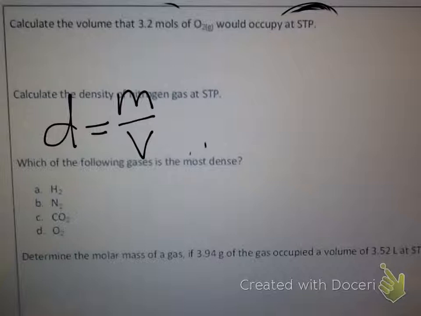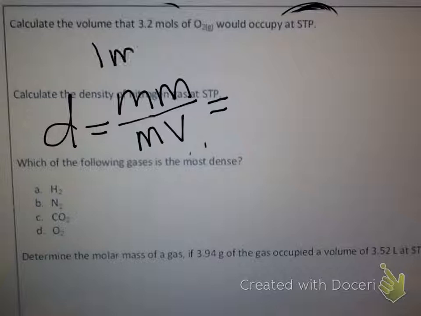We are not. We also know that density equals molar mass divided by molar volume. And although we're not given molar mass or molar volume, we know what those are. So we assume we have 1 mole of nitrogen.